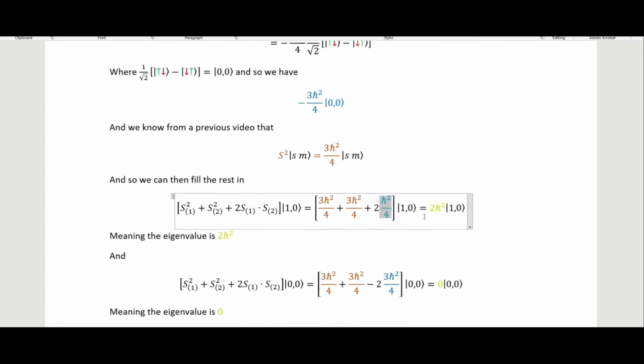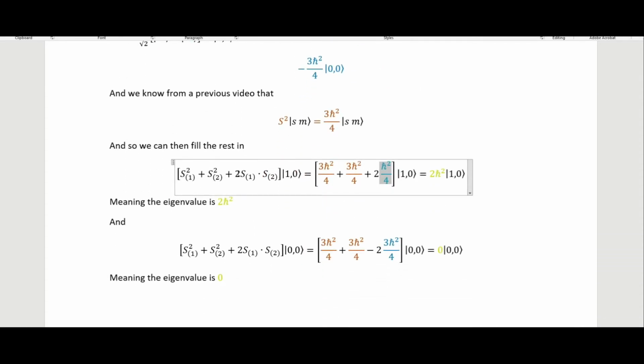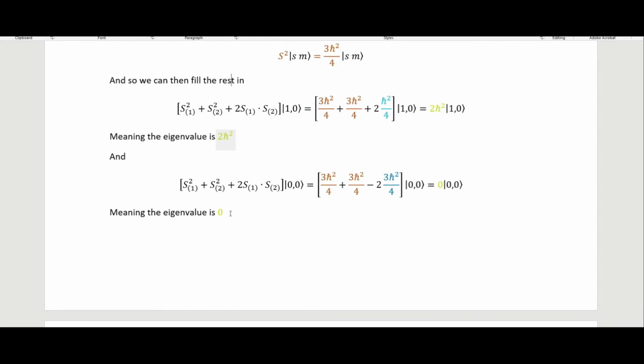It was this one. And then this 2 because we have to multiply by 2. And so when you end up adding all these things together, you end up with a 6 over 4 plus 2 over 4, which ends up being 8 over 4, which is 2, so 2h bar squared times this, which means the eigenvalue is this.